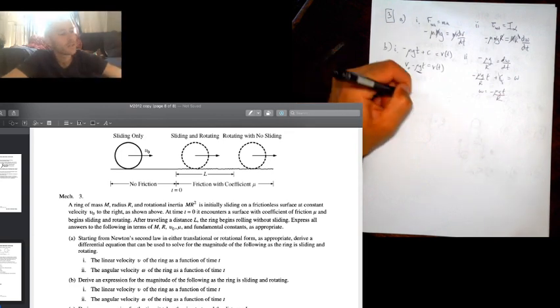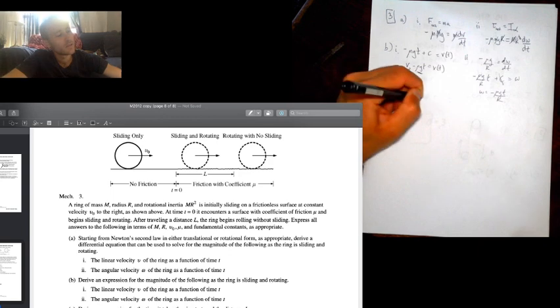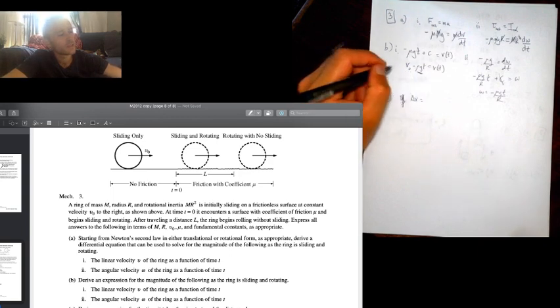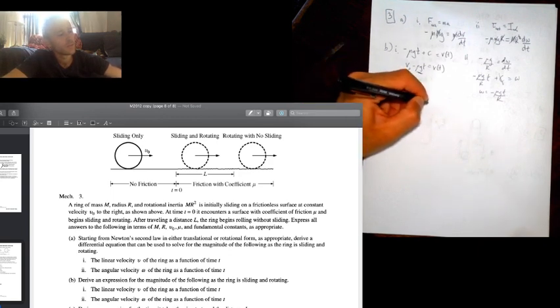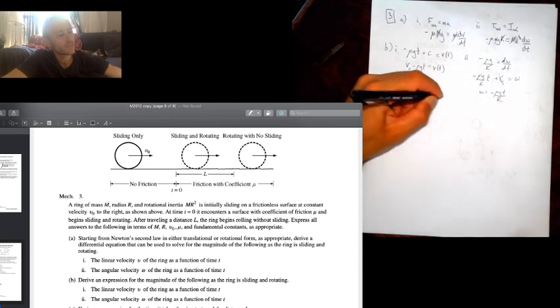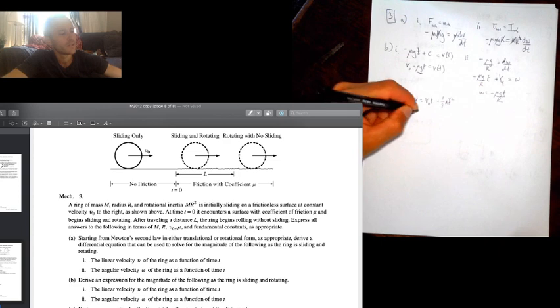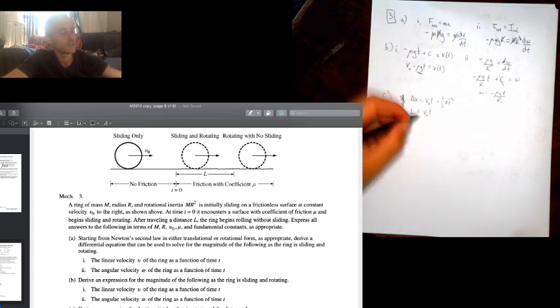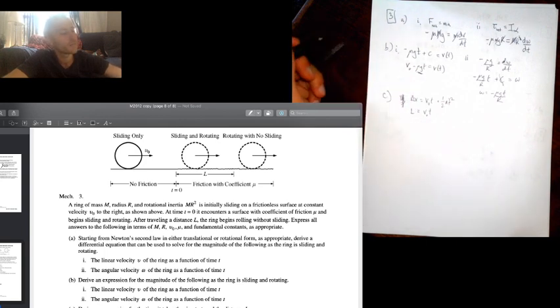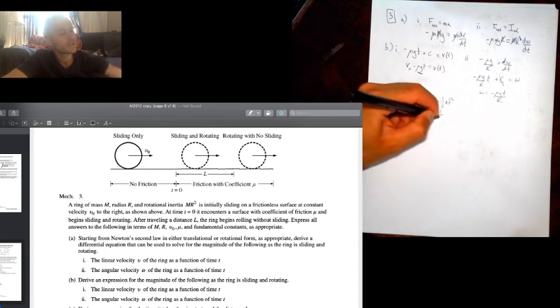We have delta x equals v naught t plus 1/2 a t squared. The delta x is L. The v naught is the initial velocity. They just called it v naught. And then the acceleration is minus mu g.